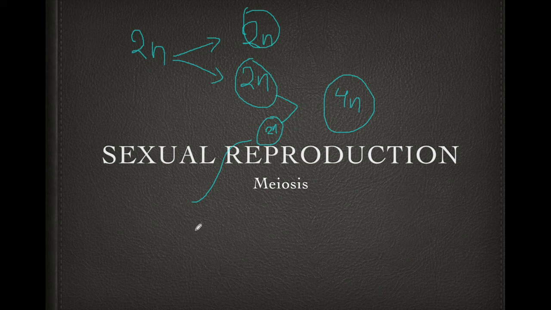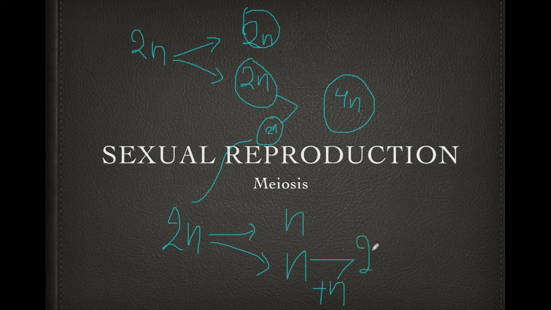So the first cell would be 2n, and after some division, we get cells with n. And if this combines with another n, then the zygote, the first cell of any human being, would be 2n, which is the correct number of chromosomes.